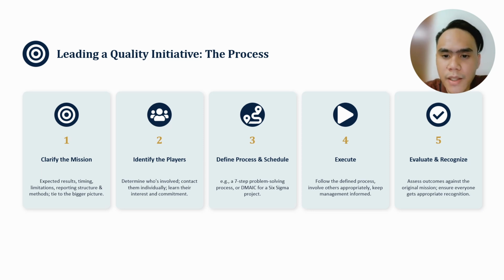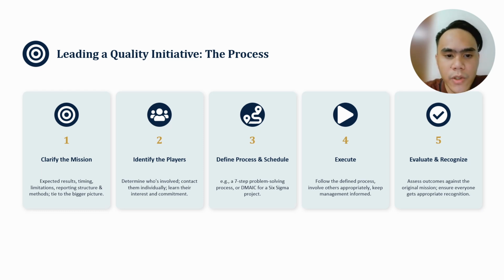Step three is to define the technical process and the time schedule to carry out the initiative. The examples are instructive. A problem-solving project might use a seven-step problem-solving process, while a Six Sigma project would use a DMAIC process, which we'll cover in more detail in later material.